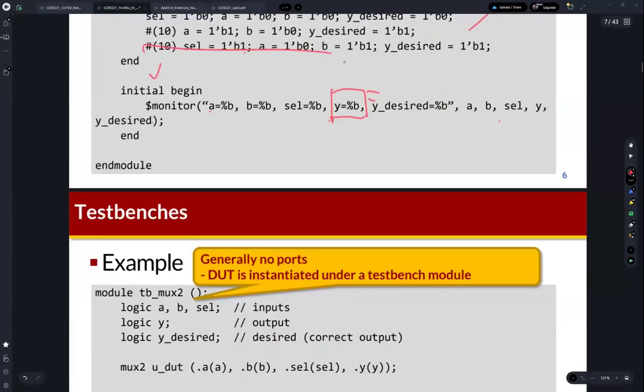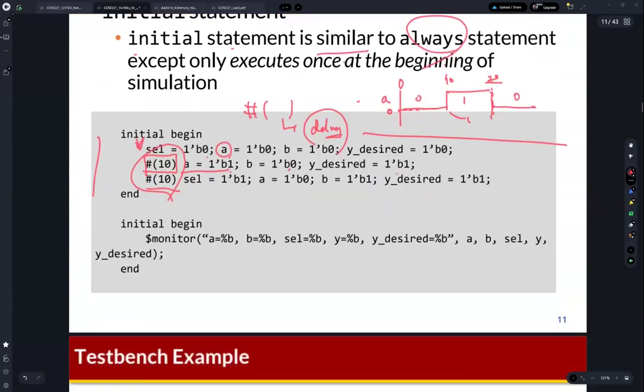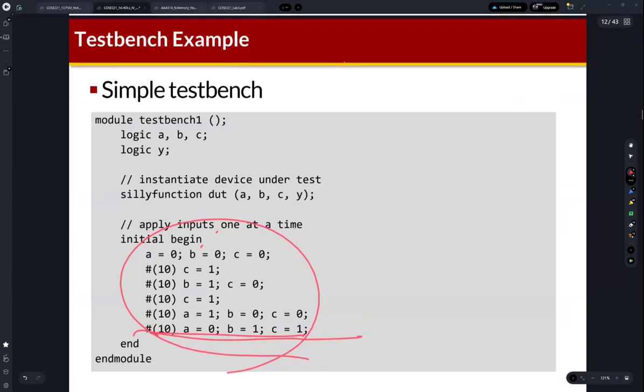I also mentioned that we need to generate an efficient test bench module, right? We learned that this is a simple test bench module like this example, but it's not efficient, because in this example I generate all the input signals manually.